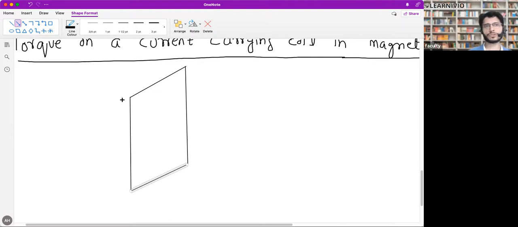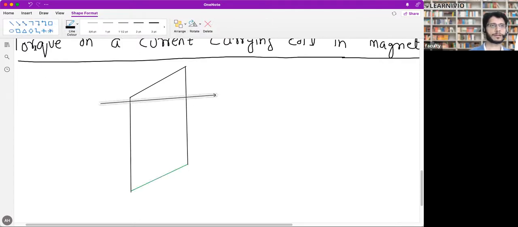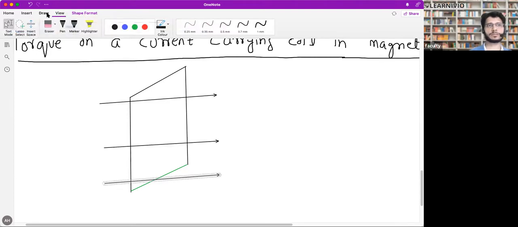And this is your magnetic field. So the magnetic field is acting along the x-axis and your coil is perpendicular to your xy plane.